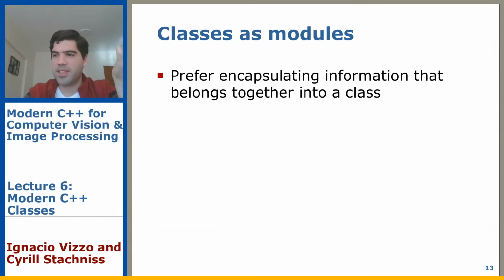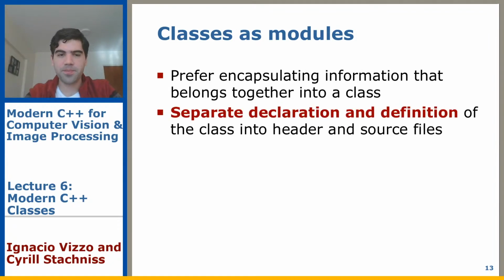Then the idea behind the class is also modular software. You would prefer to encapsulate information that belongs together into the class. This is the example: encapsulate data, rows, and columns all together inside the class. And also you want to separate the declaration and definition.